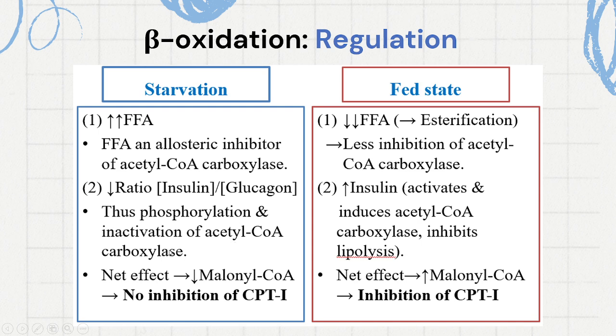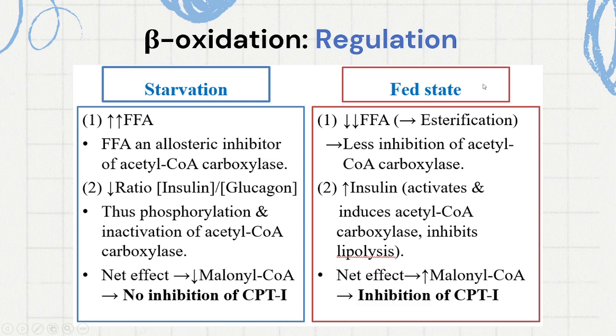So acetyl-CoA carboxylase is inhibited allosterically by free fatty acids, and also as a result of phosphorylation, covalent modification, it is inhibited. The net effect is inhibition of acetyl-CoA carboxylase, less product, that is malonyl-CoA, and no inhibition of carnitine palmitoyl transferase 1. That is why in starvation, fatty acid oxidation will be active.